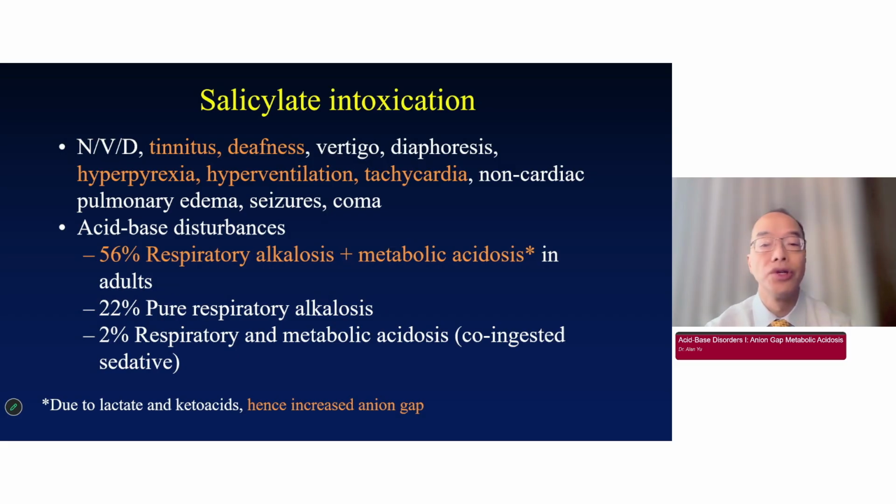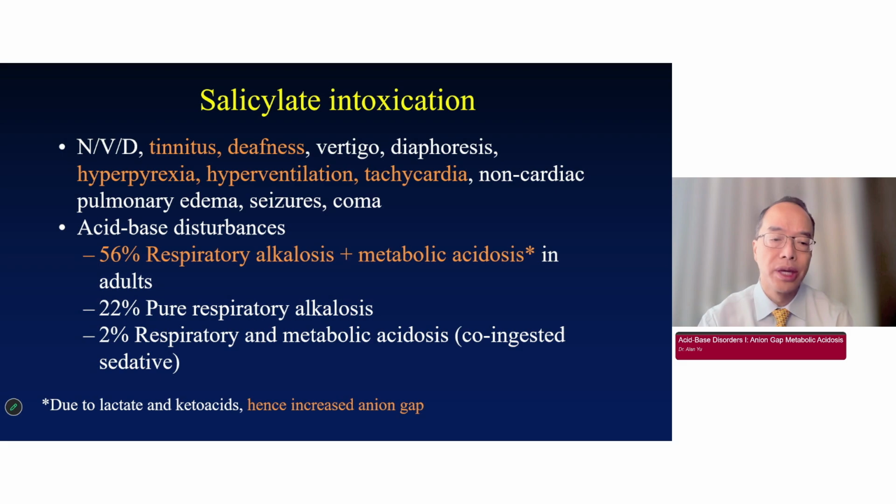So they may have nausea, vomiting, and diarrhea, but that's pretty non-specific. But tinnitus and deafness, when you see it, are, again, classic symptoms of salicylate poisoning. They cause an elevation in those three vital signs, temperature, respiration, and pulse, all increased simultaneously. And that should raise your suspicion of a salicylate intoxication, especially if the patient isn't otherwise that sick.